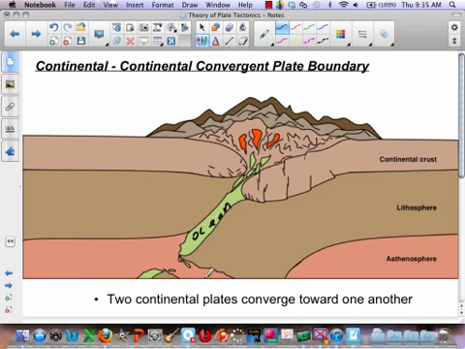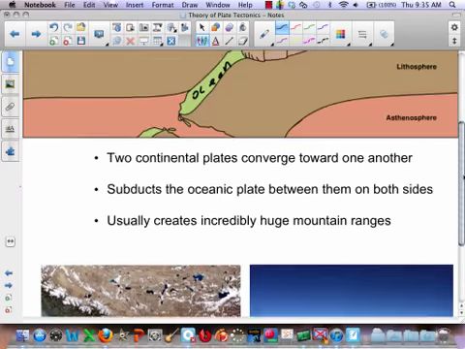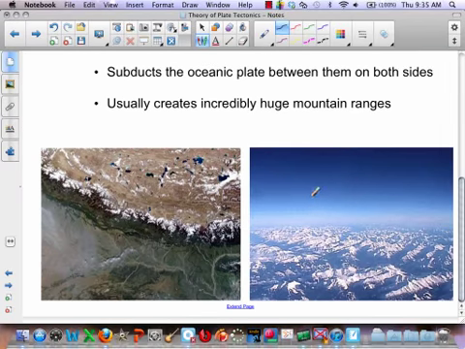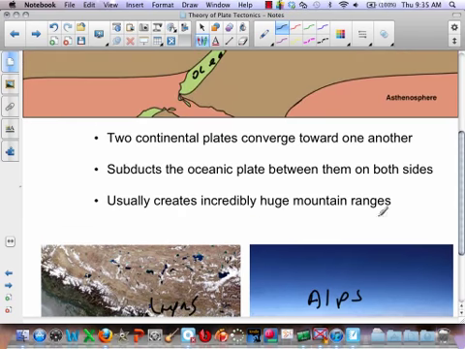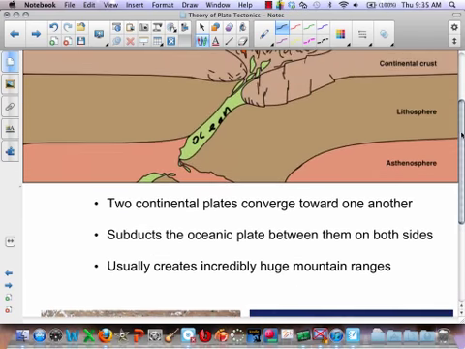And it literally gets squeezed to the point where it's no longer there. And then you get these very, very large mountains. Examples of those are the Alps and the Himalayas. So with these, you just get very huge mountain ranges, but they're not volcanic.